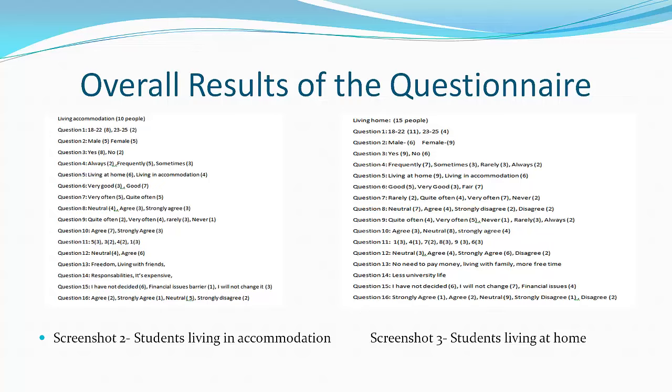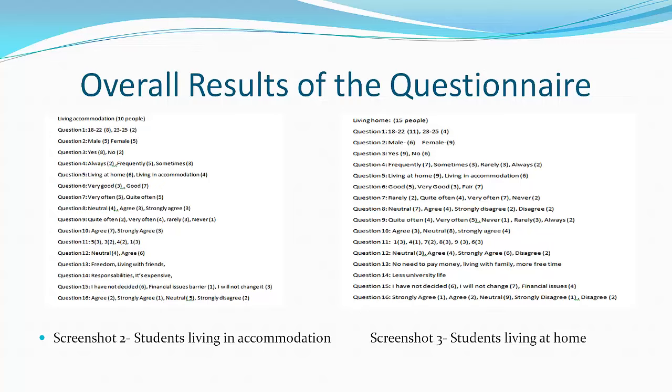For the first question, it was: what's your age? 8 people answered they are in the interval of 18 to 22, and 2 people in the interval of 23 to 25.